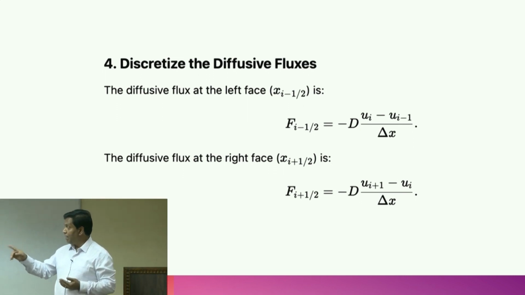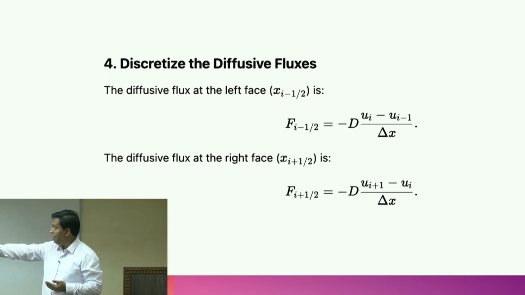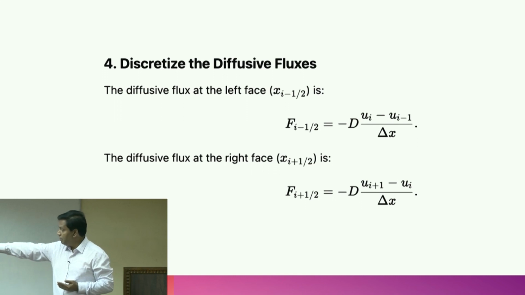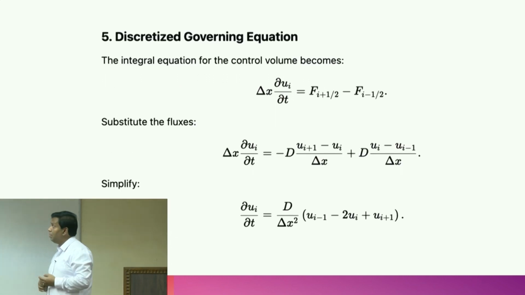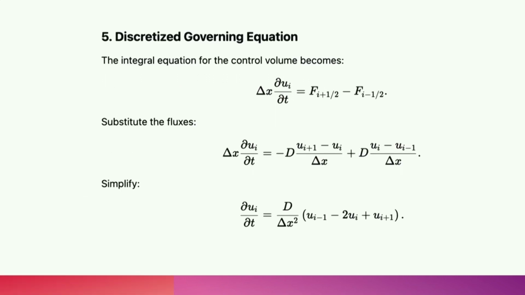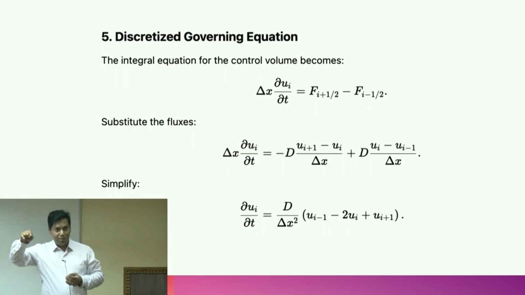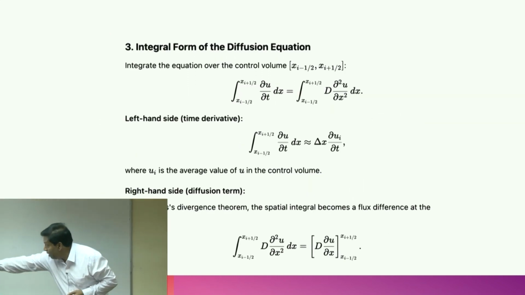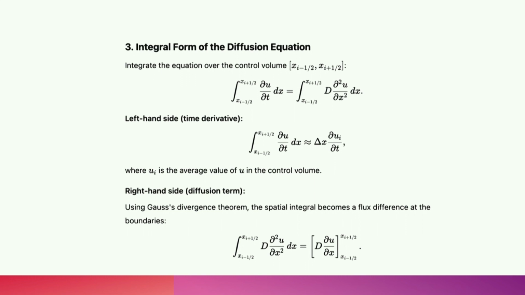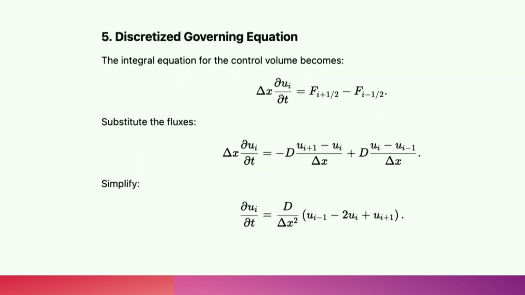Now, the diffusive flux on the right face is similar: u_{i+1} minus u_i, divided by Δx. Now if we put this together, Δx ∂u_i/∂t is equal to the upper limit minus the lower limit, so from the upper one x_{i+1/2} minus x_{i-1/2}.